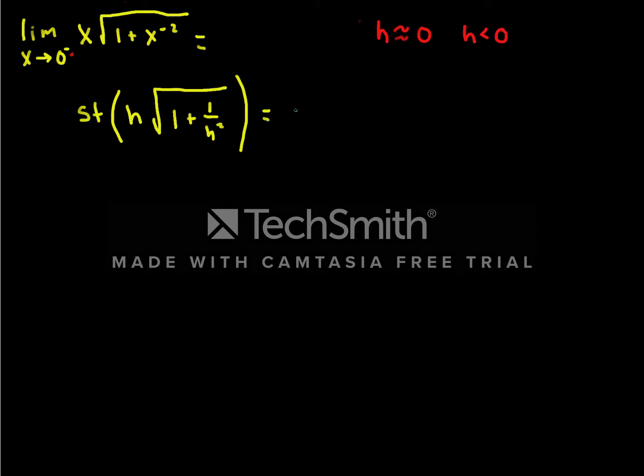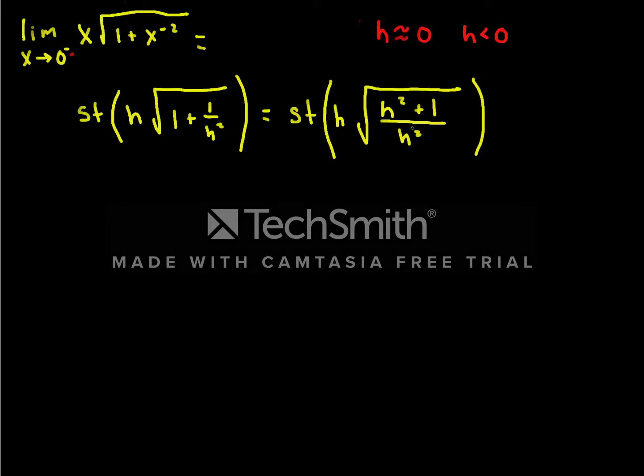So this is the standard part of h times the square root, and I'm going to combine these two numbers, 1 plus 1 over h squared. I'm going to turn it into one term. So my common denominator is h squared. So this is equal to h squared plus 1 all over h squared.